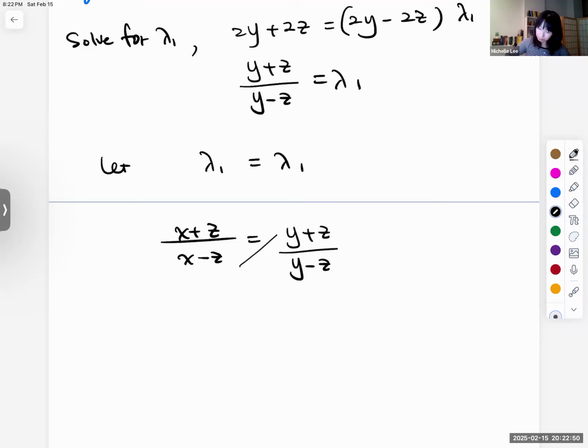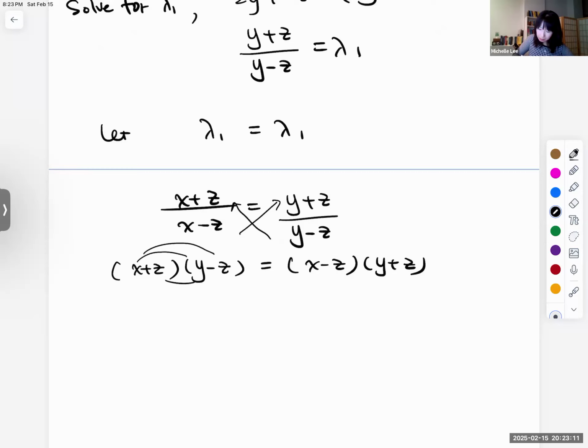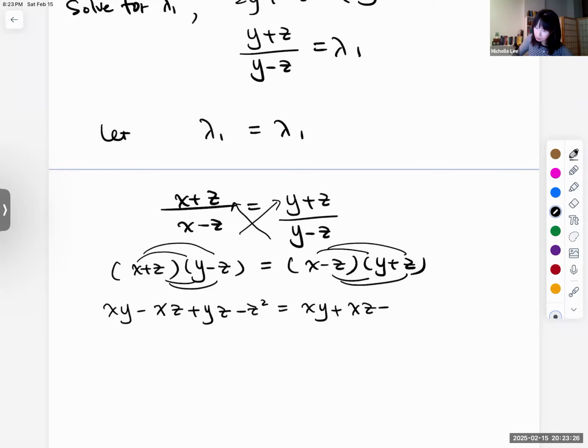So we have x plus z, y minus z equal to x minus z, y plus z. Oh, we have to distribute, right? So the first term, xy minus xz plus yz minus z squared. On the right we have xy plus xz minus yz minus z squared. Please correct me if I make a mistake. Okay.